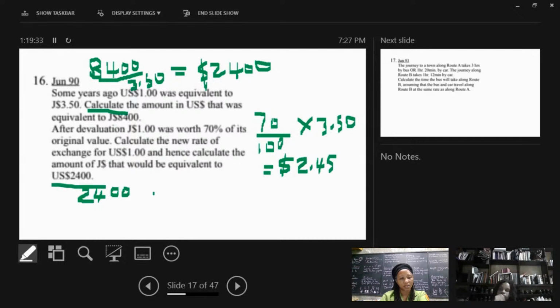So why are you dividing this time? You should multiply, right, because they're giving you the US. Over here they gave you the Jamaican and they wanted the US. But now they want Jamaican, so we multiply. That gives you 5,880. $5,880.